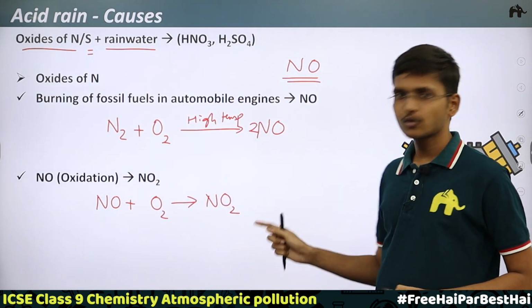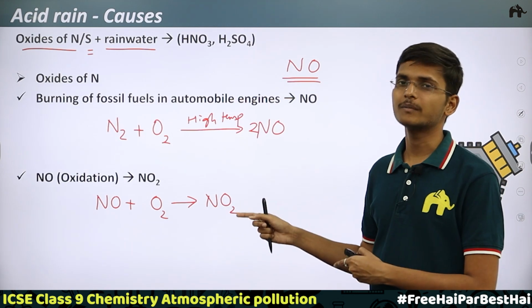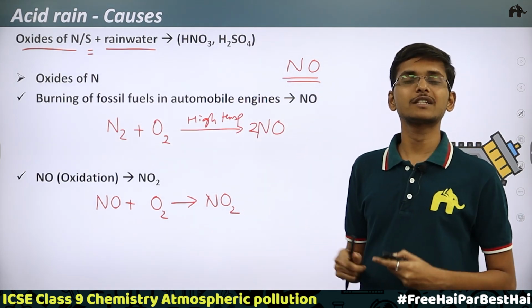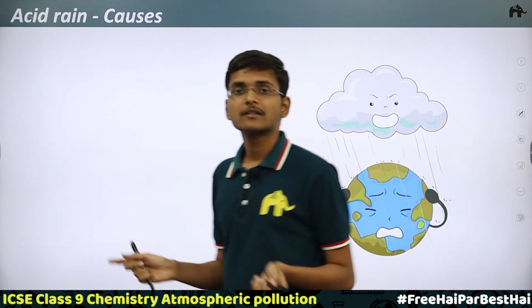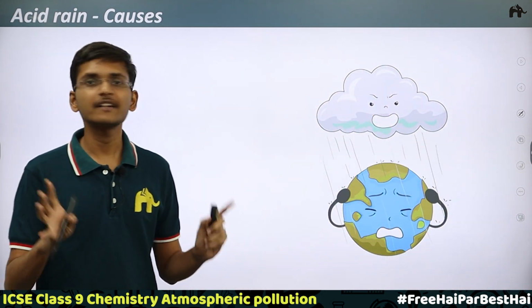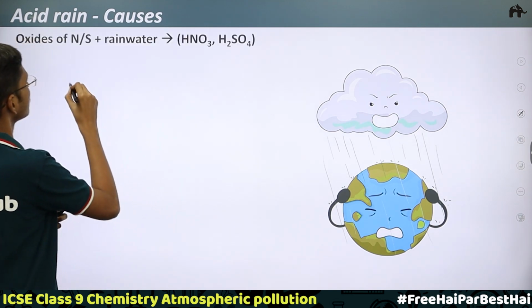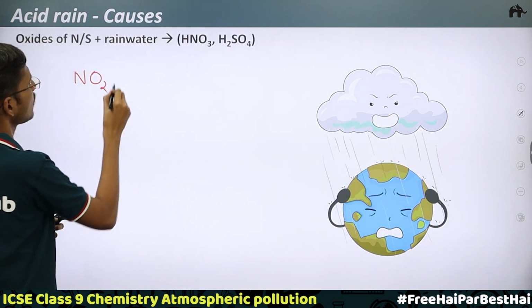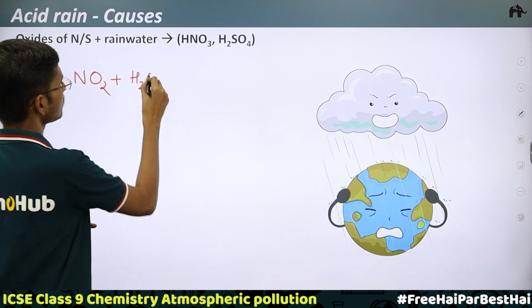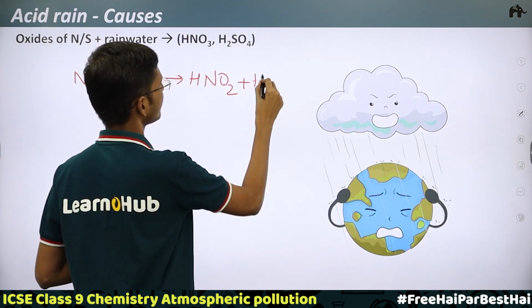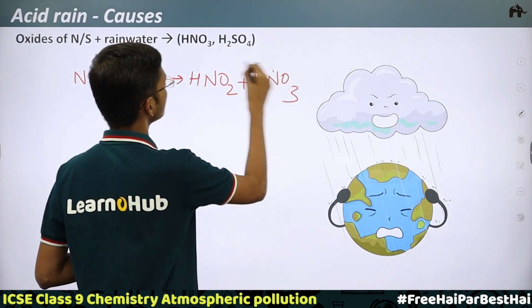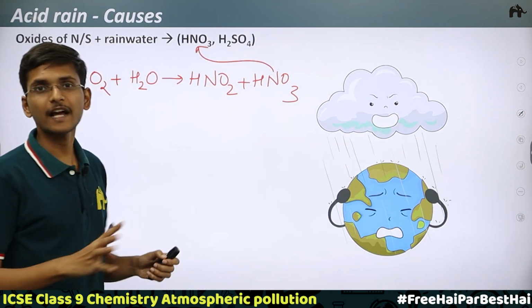Now this nitrogen dioxide, this is the main culprit. This nitrogen dioxide reacts with the rainwater and forms nitrous acid, HNO2, and nitric acid. So in this way, nitric acid is formed.